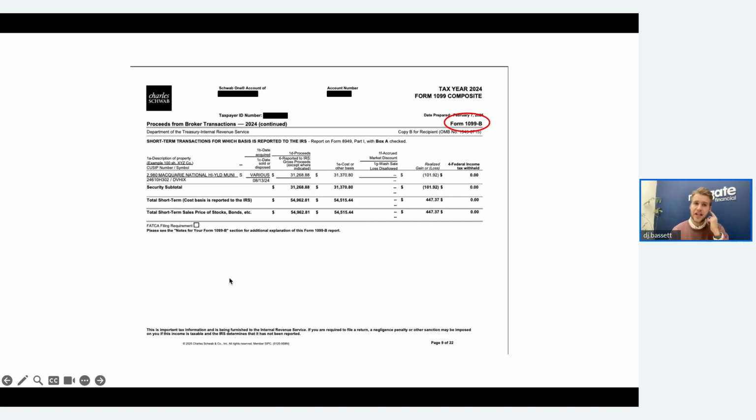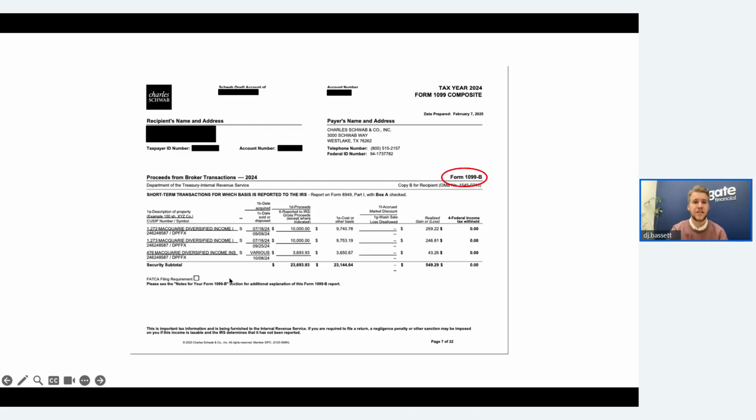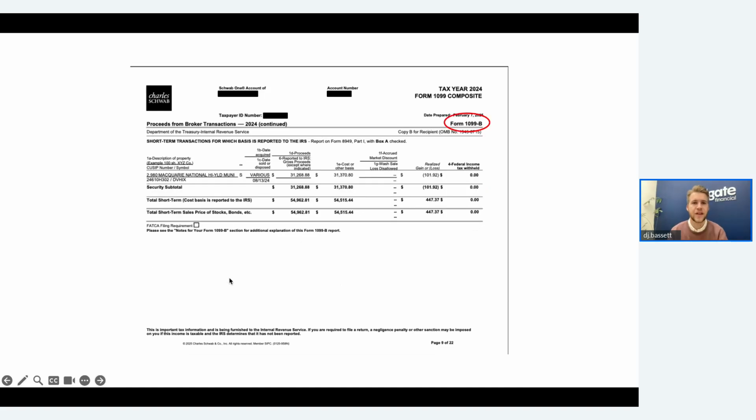So there's a little bit of a loss there. And then at the bottom, you have your totaling out, right? They'll go, okay, total proceeds, total cost basis, and then you have your total realized gains or losses. In this case, for the year, this individual had $400 worth of short-term gains that were realized. So they take from the previous slide, add those together, minus the 101 from that one loss there, coming out to 447.